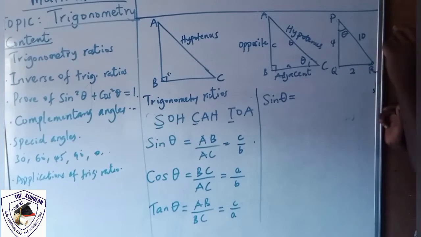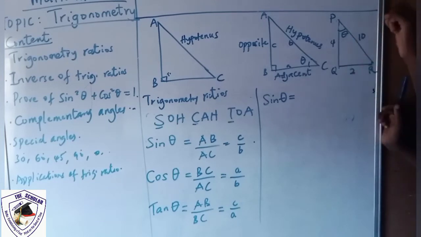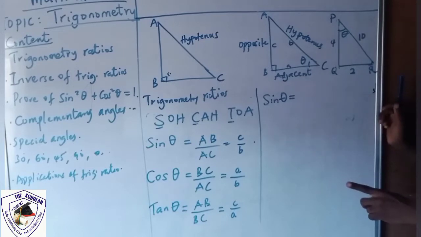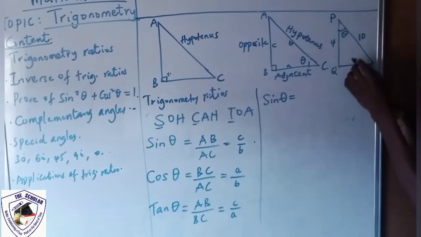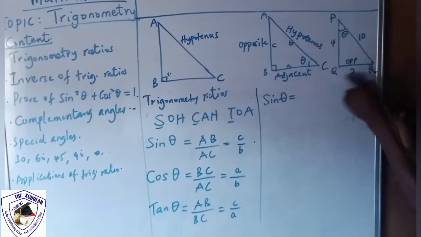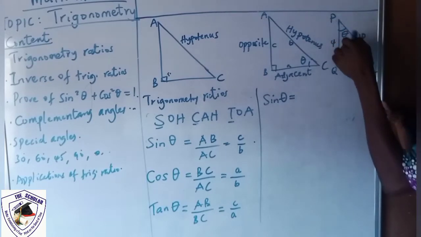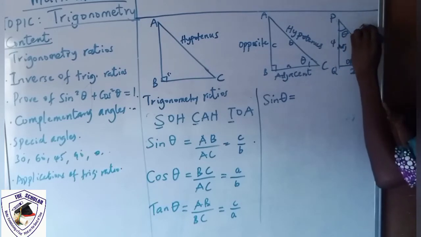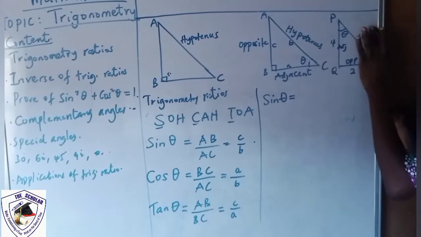What you look out for in any right angle triangle is where the angle is positioned. That will determine where the opposite will be. So our opposite is QR. Our adjacent is where the angle is resting, which is this side. And our hypotenuse is always the longest side, so it still remains the 10.